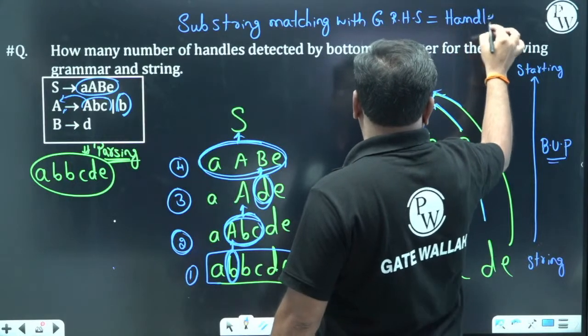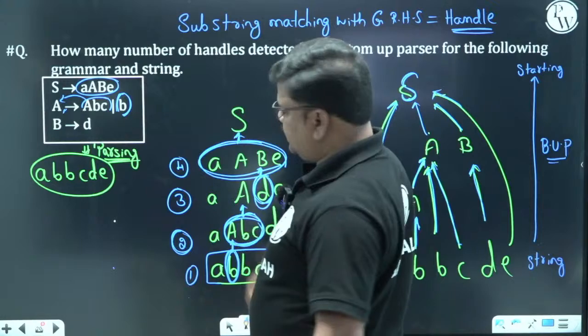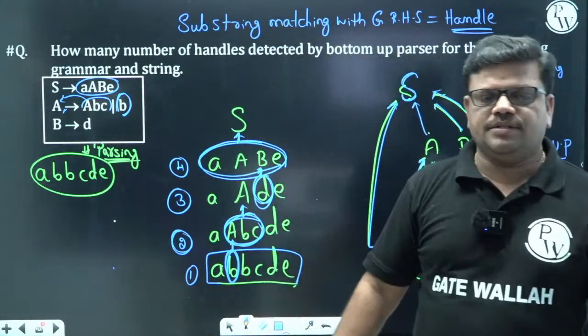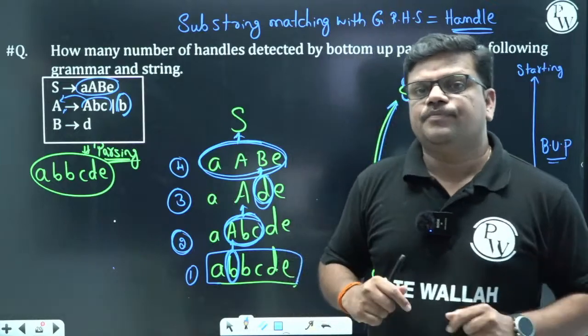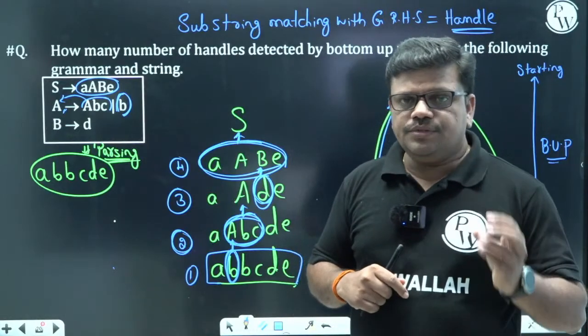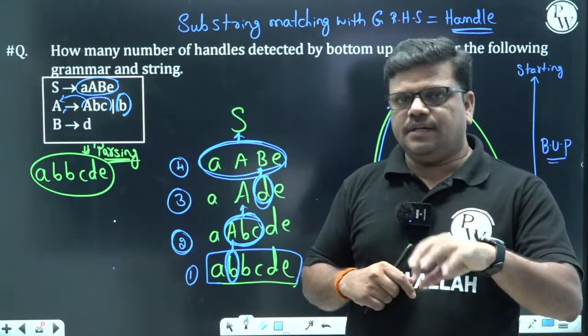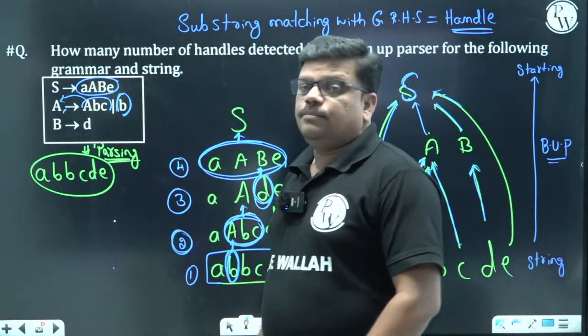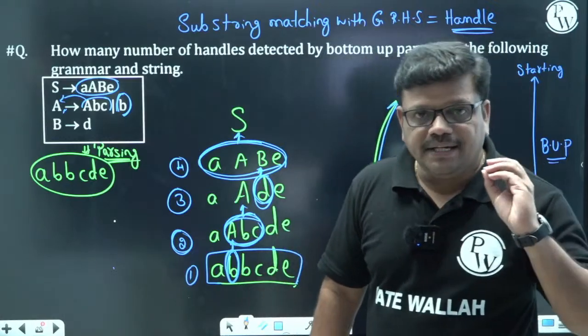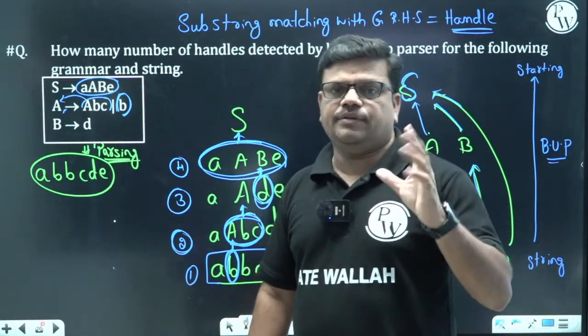Simple. Till now, I am not using the perfect terminology here, because we are going in a manual way. Perfectly, if we use the bottom-up parsing terminology, we can say like this. A bottom-up parser will do parsing by detecting a handle at every step.